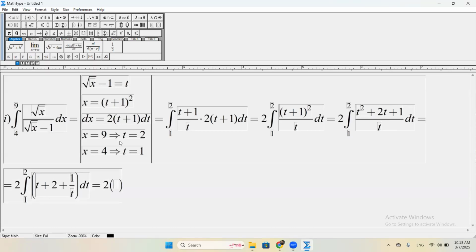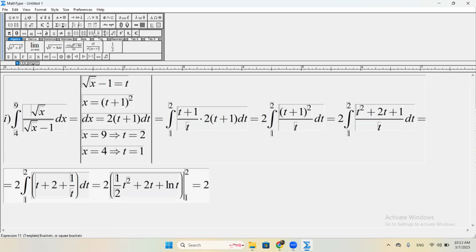And finally, we find the antiderivative: 1 over 2 t squared plus 2t plus natural logarithm of t, without the modulus sign, because we know that it has only a positive argument. And now let's calculate.